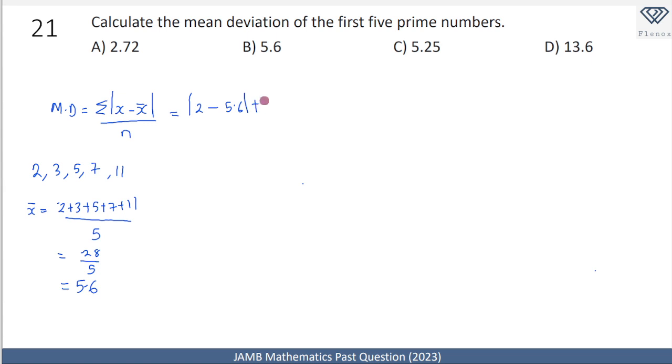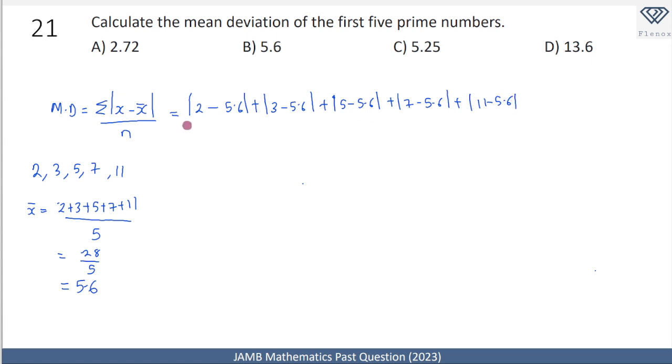Then we do the same for all the numbers: the next number is 3, take away 5.6, then 5, take away 5.6, then 7, take away 5.6, and the final number is 11, take away 5.6.